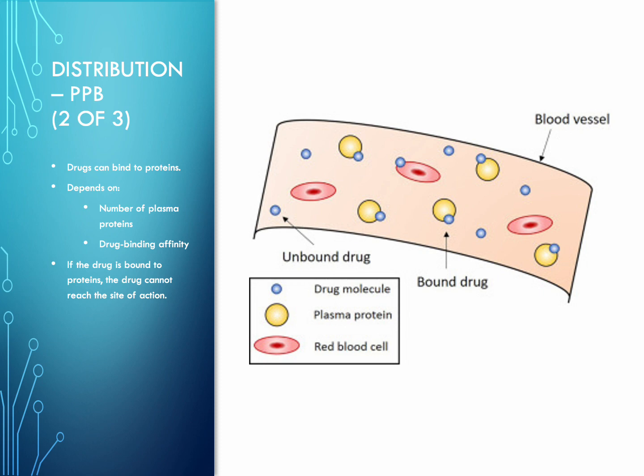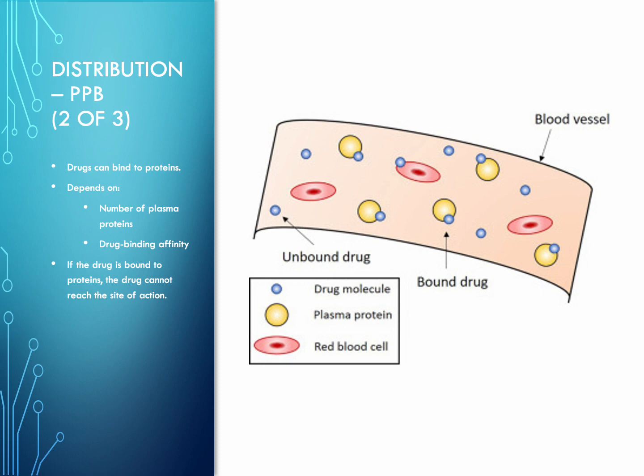The drug binding is going to be dependent on how many plasma proteins are there in the blood and something called drug binding affinity. Some drugs have a very high affinity for binding to these plasma proteins, while others could care less, right?